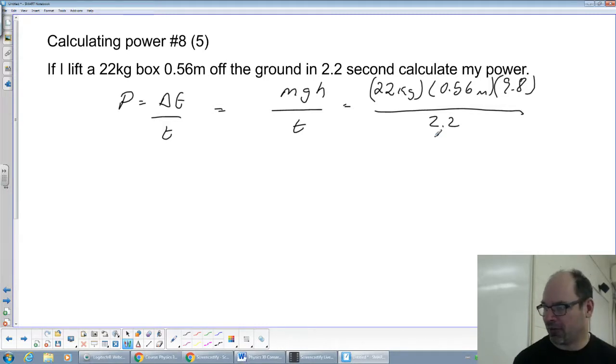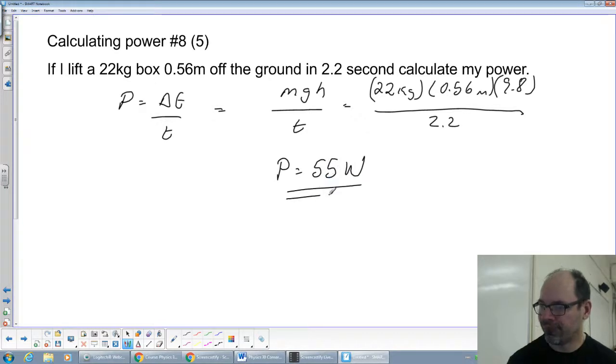So that would be how we calculate power. I end up getting 54.88 or 55 watts. Okay, then there's a couple of those.